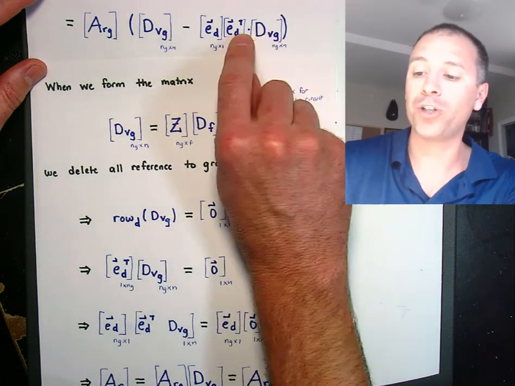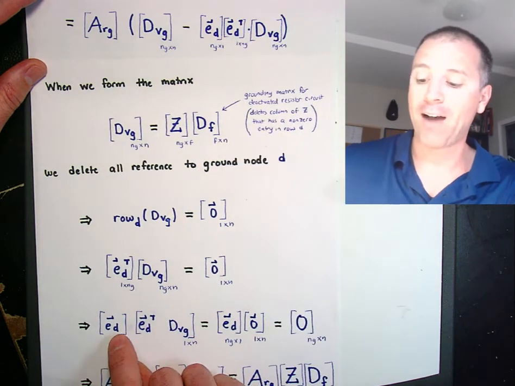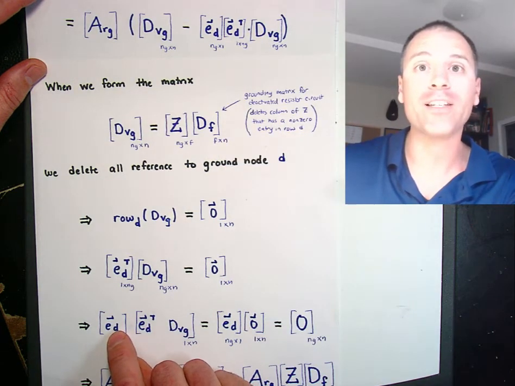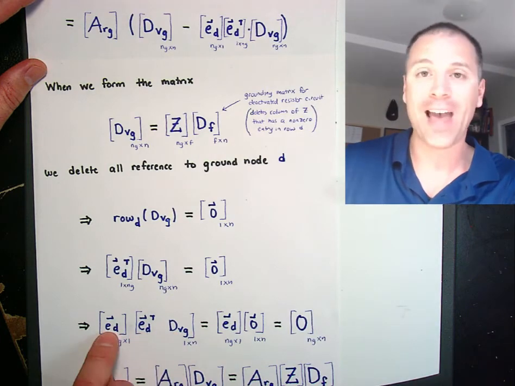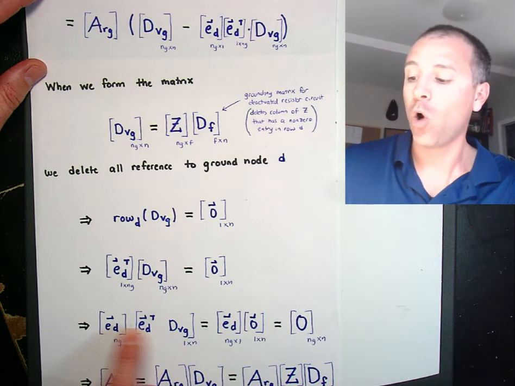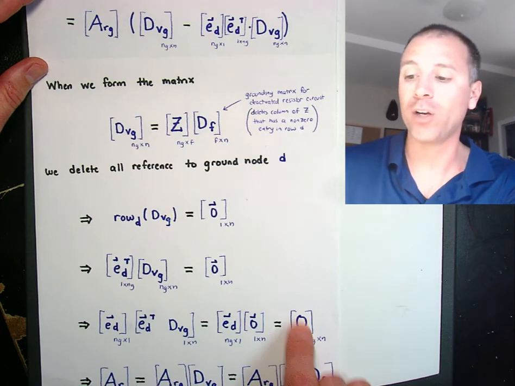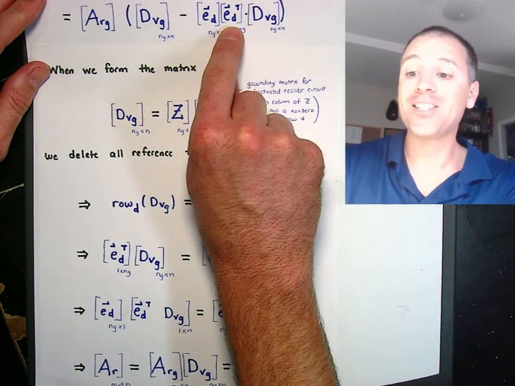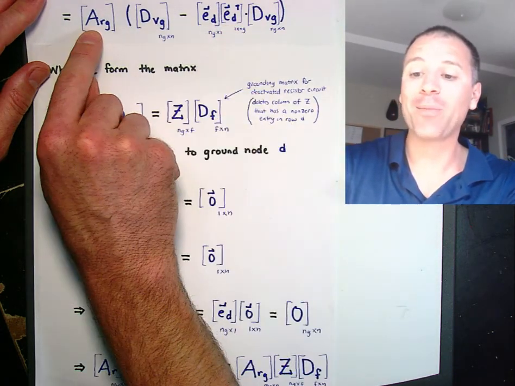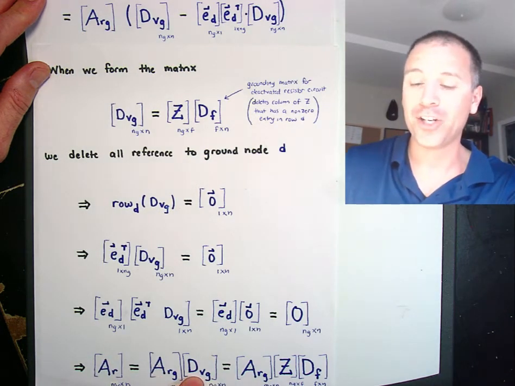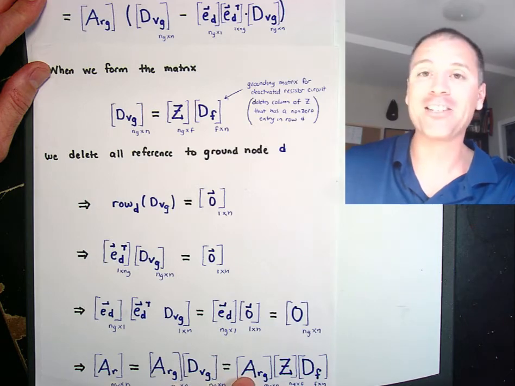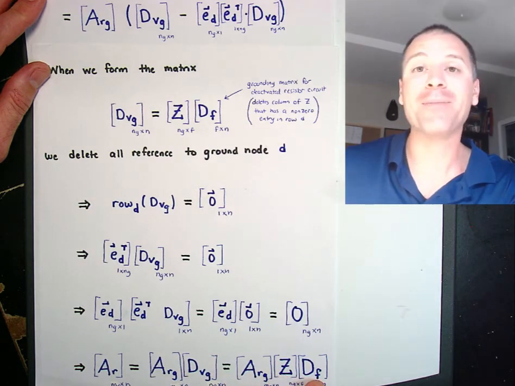So now this portion goes to 0, and then I have a column vector with a 1 in the dth position, and I'm now placing the 0 row in that column via that outer product, which means that I get the 0 matrix here, which means that this term disappears and A sub r is actually going to be equal to A sub rg times vg, which we've just argued was A sub rg times z times d sub f.